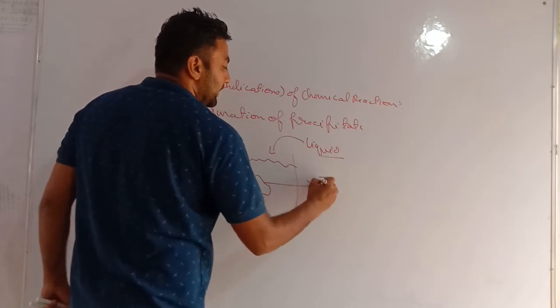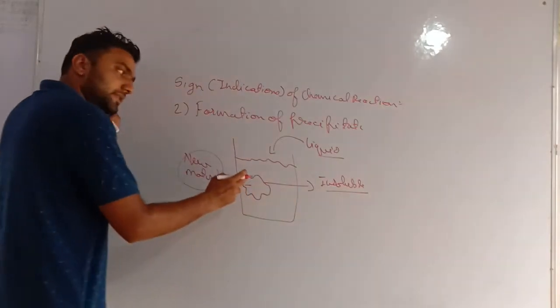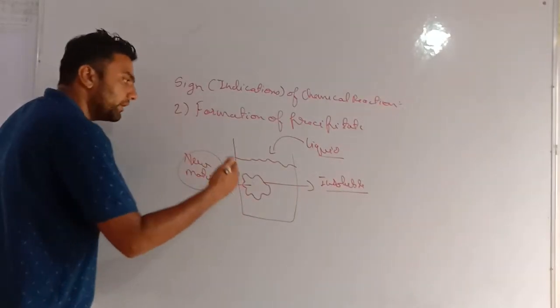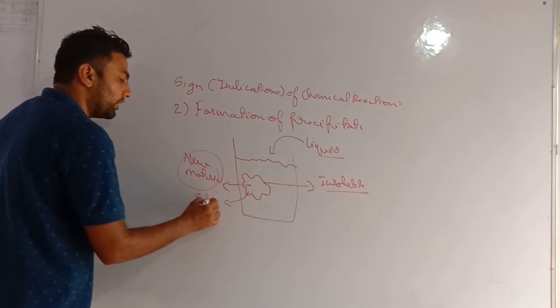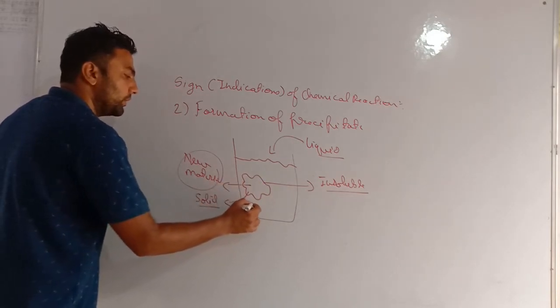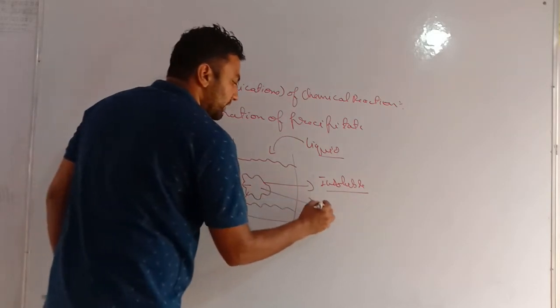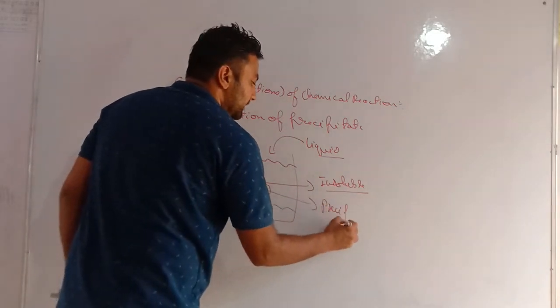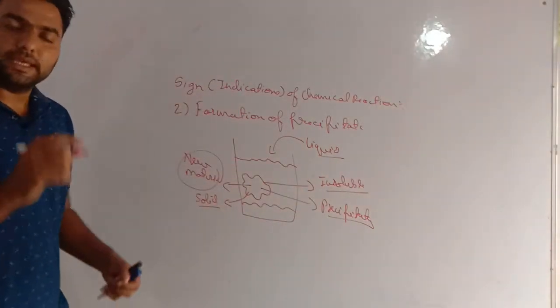Therefore, it is insoluble in this liquid. Moreover, many times this insoluble material will be in solid form, and slowly it goes and settles down. This material is known as precipitate.